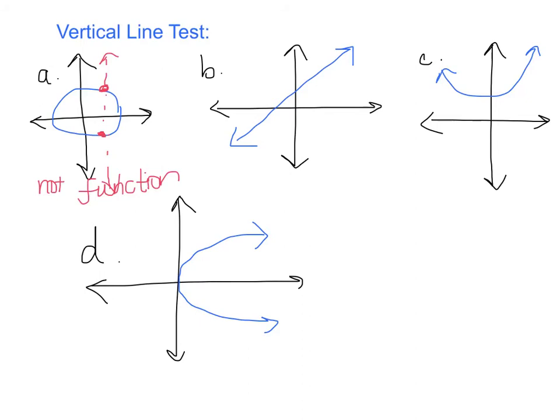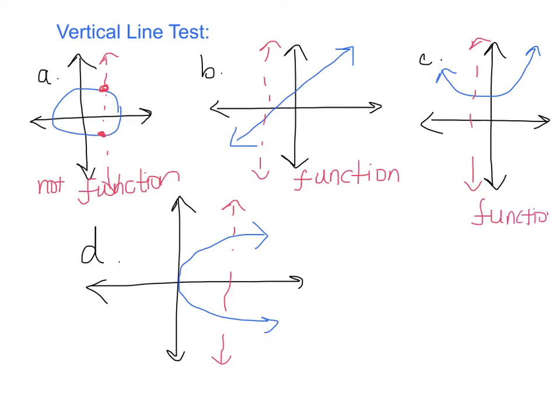So if it intersects in more than one point, it is not a function. So that one's okay. This one's okay. And this one is not. So this is a function, function, and this is not a function.